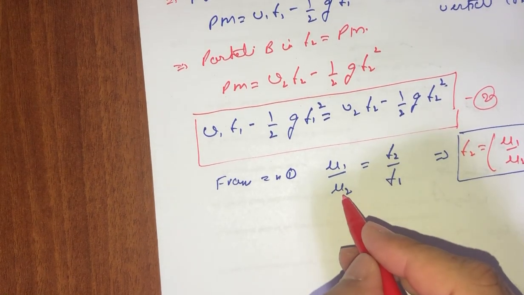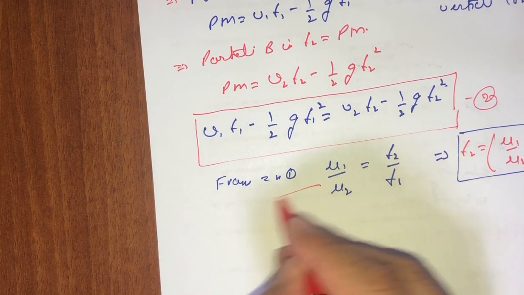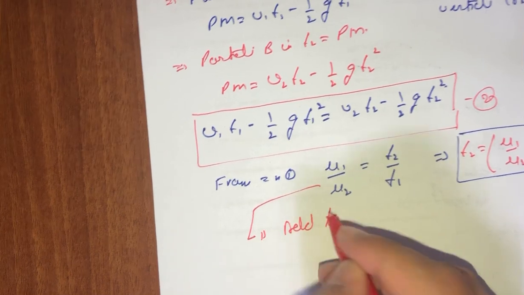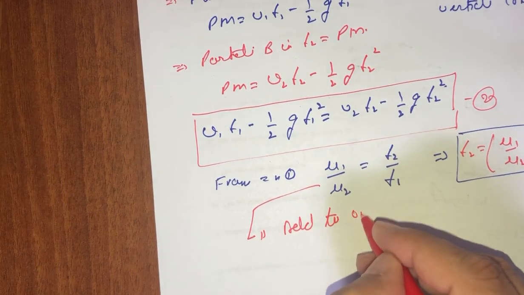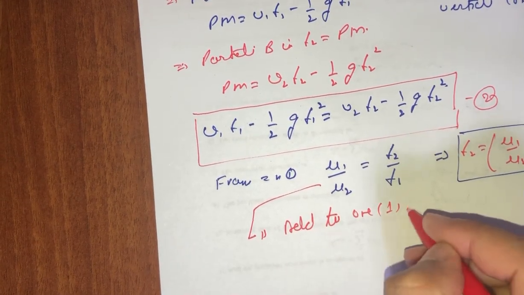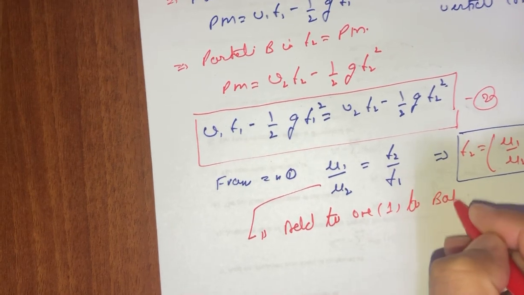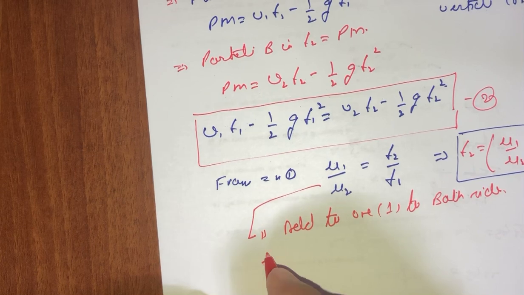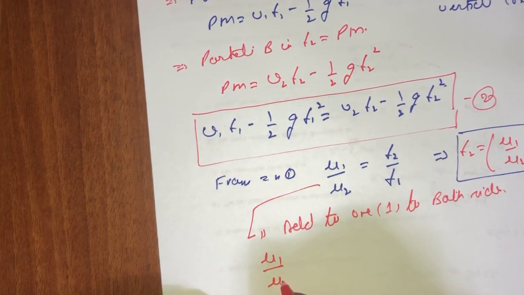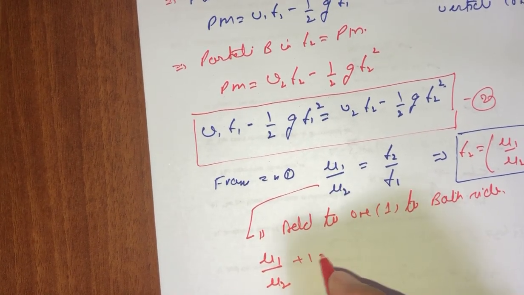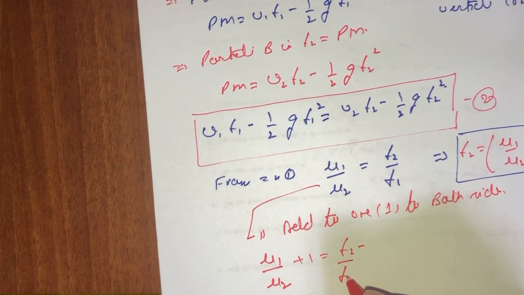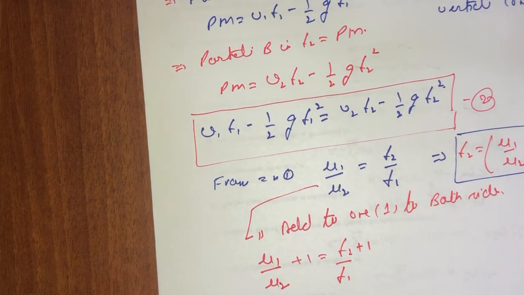And in this equation, let us add 1 to both sides. So we get u1 divided by u2 plus 1 is equal to t2 divided by t1 plus 1.